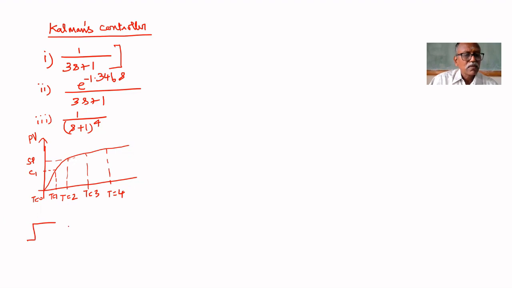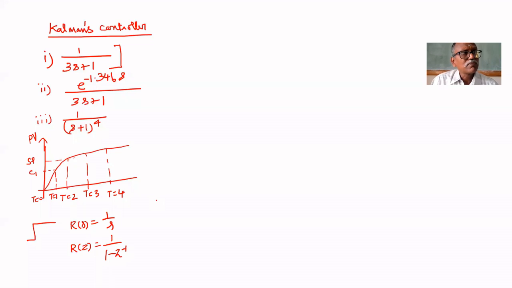That is R of S equal to 1 by S, or R of Z equal to 1 upon 1 minus Z power minus 1.